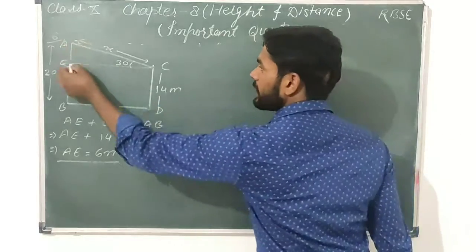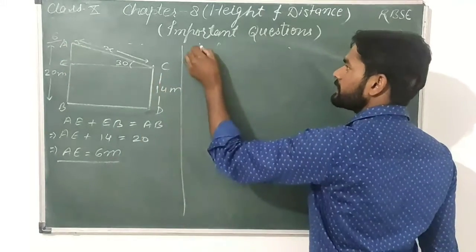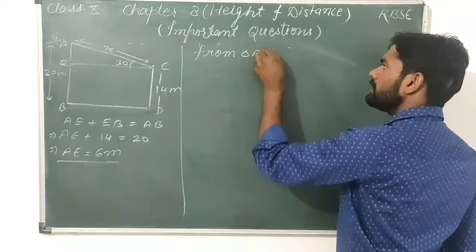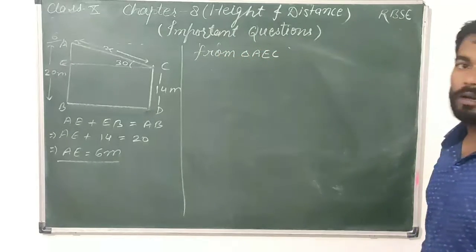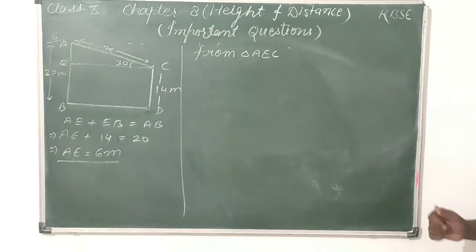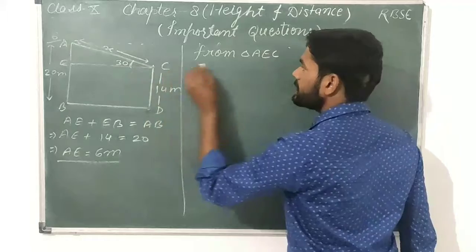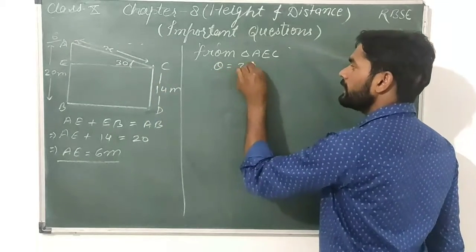Now select the triangle AEC. In this triangle, theta is equal to 30 degrees.